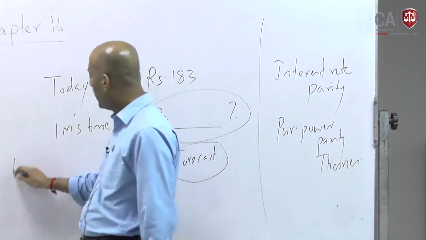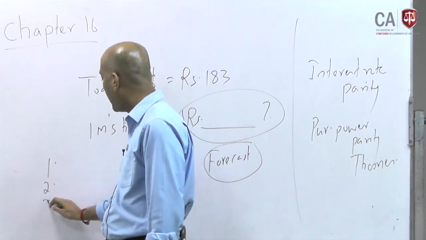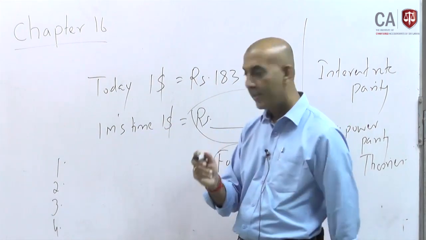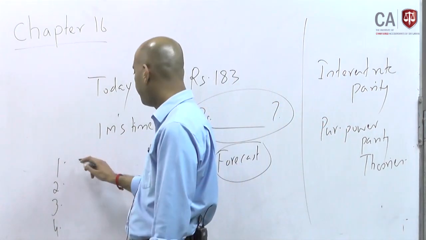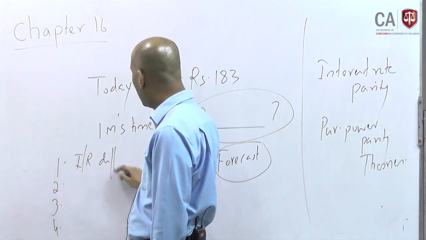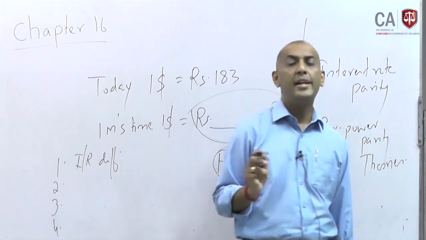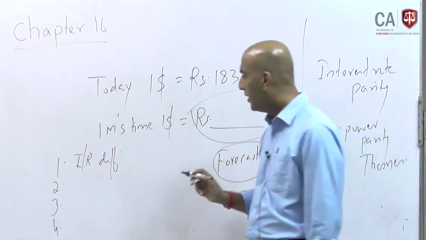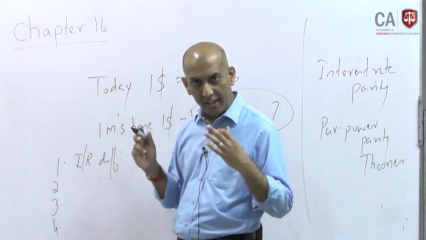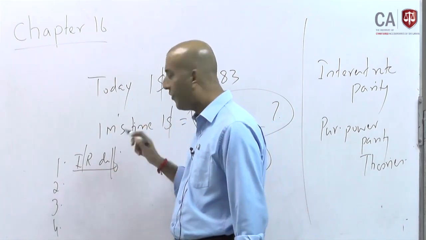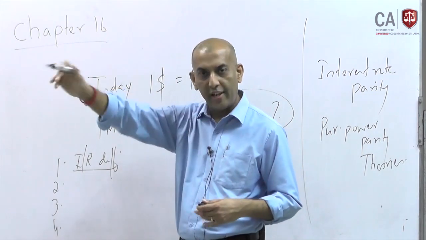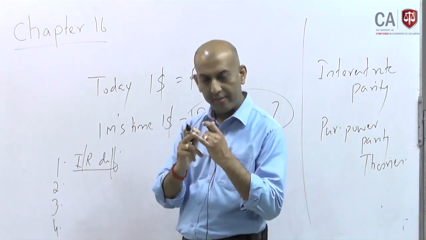So please note why your today's rate and future rate of exchange is different, various reasons. One could be your interest rate differences. The two countries' interest rate can be different. Sri Lanka and US, if you take, Sri Lanka and US interest rates are different. So when the interest rates are different, you need to understand that today's exchange rate and future exchange rate will be different. That is one.